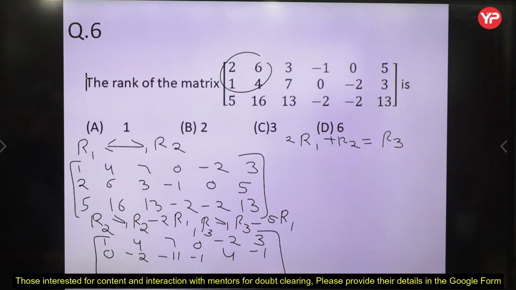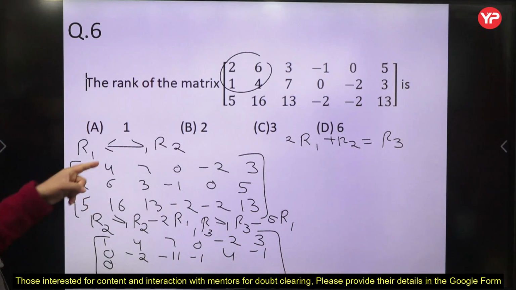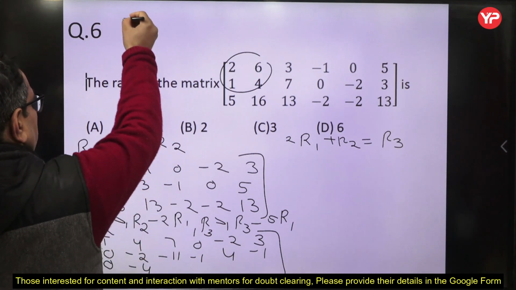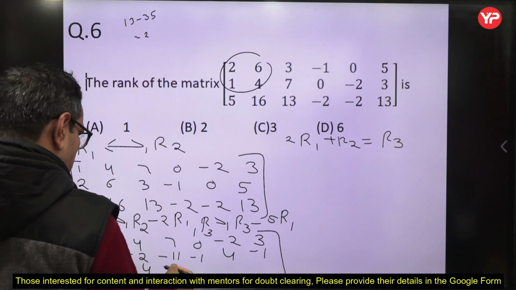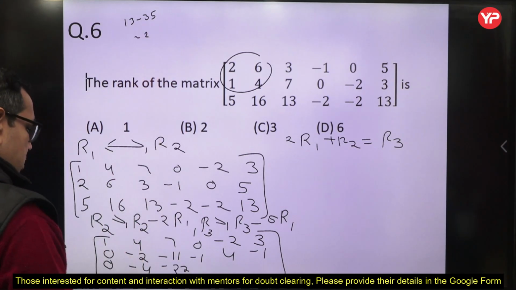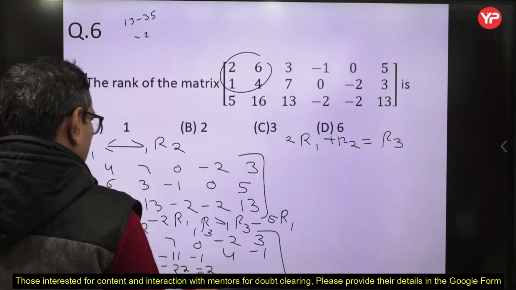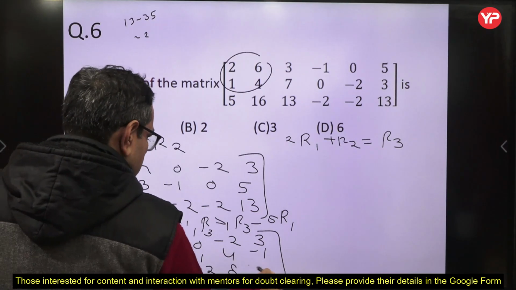And then we are having 5 minus 5 0, 16 minus 20, so minus 4, and 13 minus 35, so minus 22. Then next one is what? This is minus 2, and this is 8, and this is minus 2.